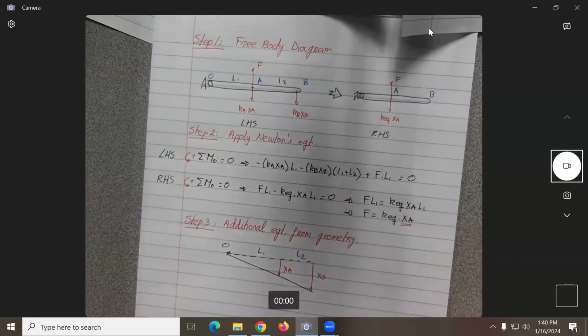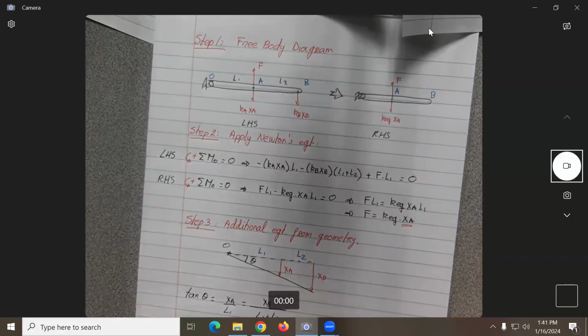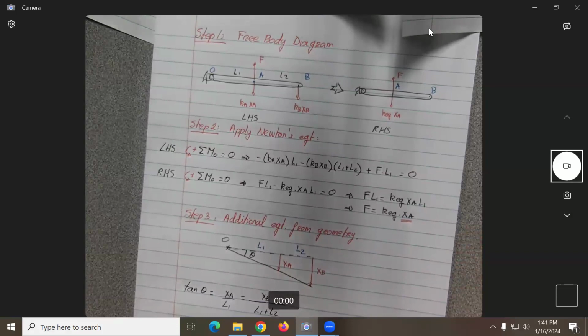Okay. So if we do as before, what can we do? We can say tangent of theta, or if you want, this is the similar triangles will be equal to what? X sub A over L sub 1, but this should also be equal to X sub B over L1 plus L2.